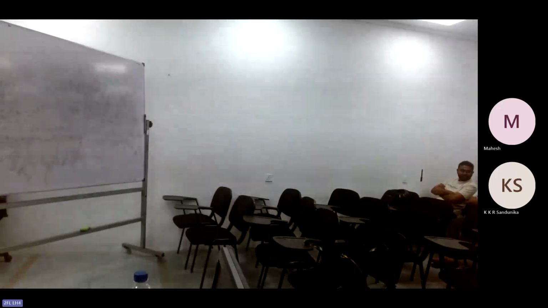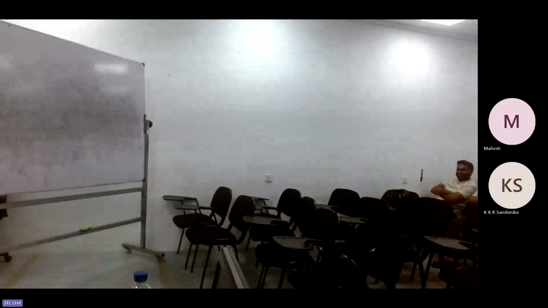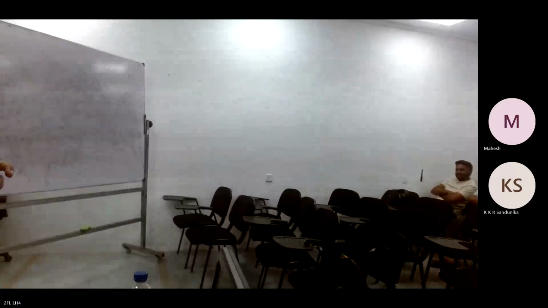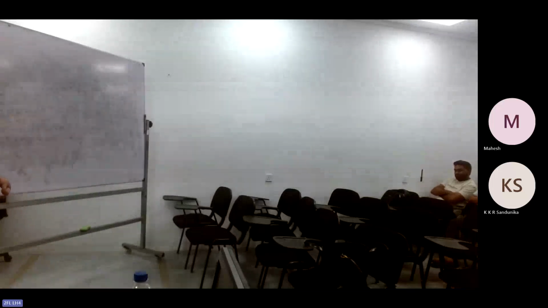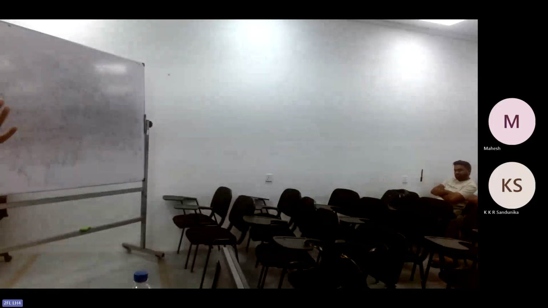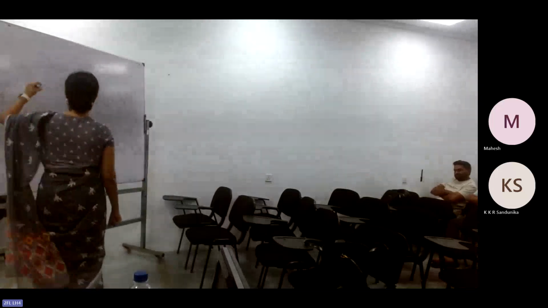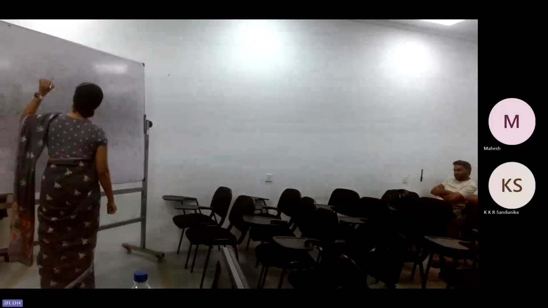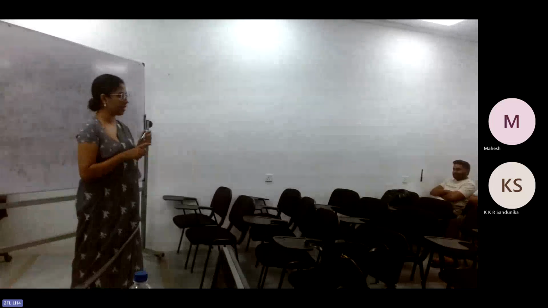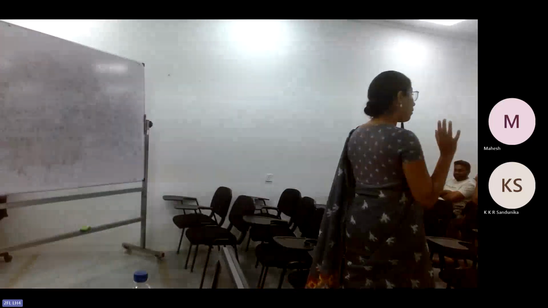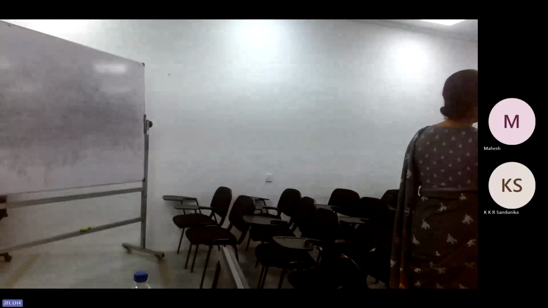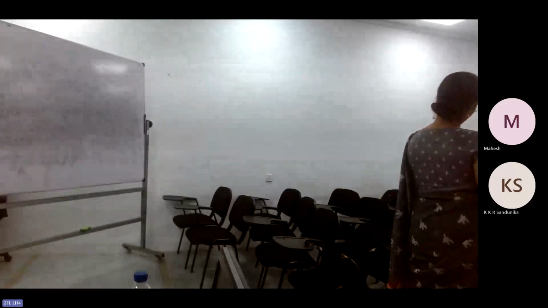Why is the firm's demand curve horizontal? Now, if we consider this firm, they have a horizontal demand curve. Normally, if we talk about demand, what should be the shape? A downward sloping demand curve, because normally there is an inverse relationship between price and quantity demanded. But for this firm, we say the demand curve is horizontal.